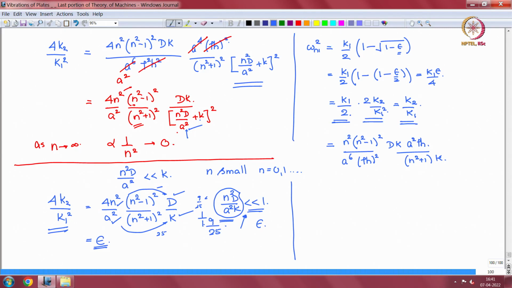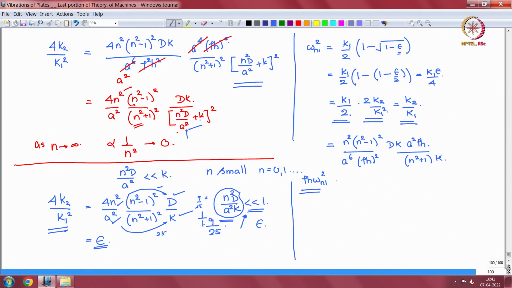Now what happens? Rho h omega n1 square, the first set of natural frequencies.